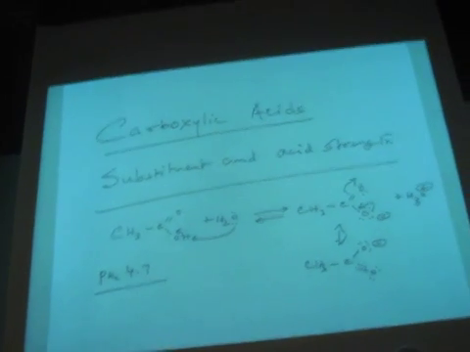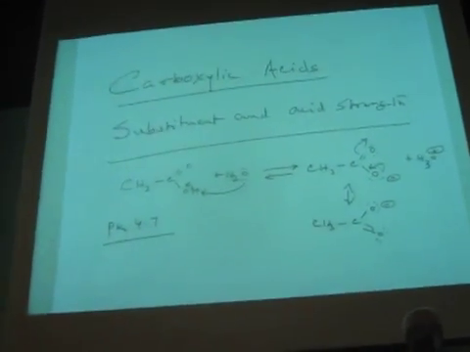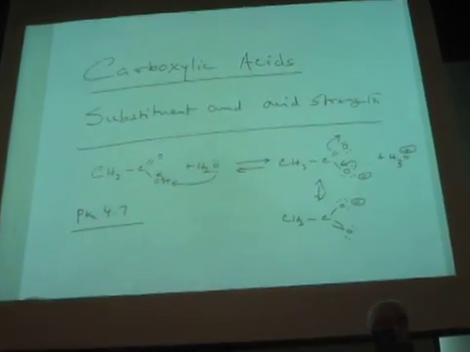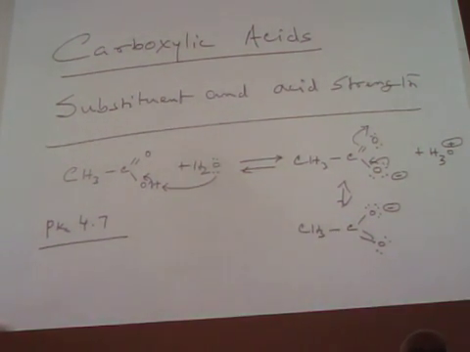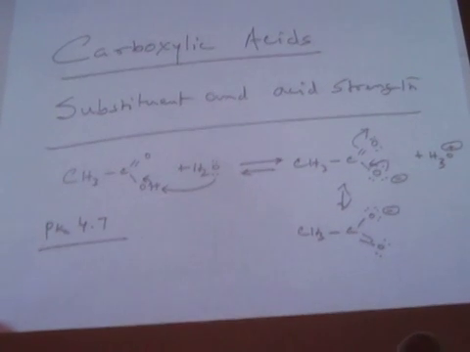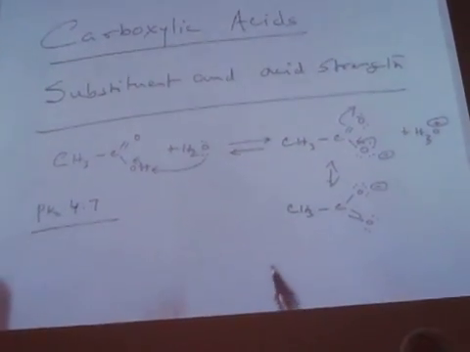Now, depending on what is here, if it stabilizes the anion better, then that would be a stronger acid. If it destabilizes the anion, that is going to be a weaker acid. So it's a simple issue.